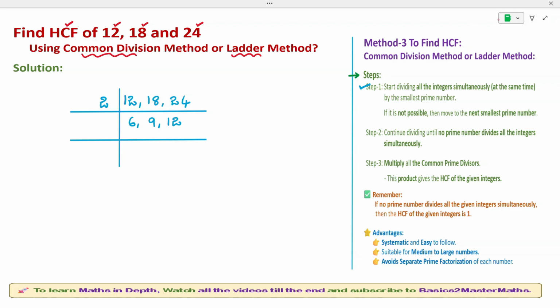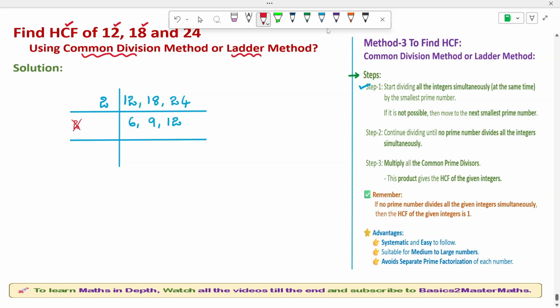Again, start dividing 6, 9 and 12 by the smallest prime 2. Since 2 does not divide all three integers 6, 9 and 12 exactly, we move to the next smallest prime 3.